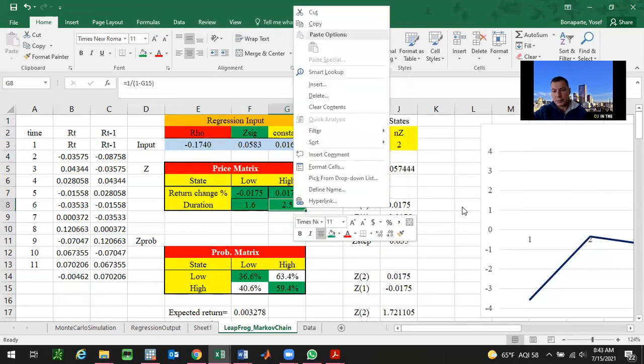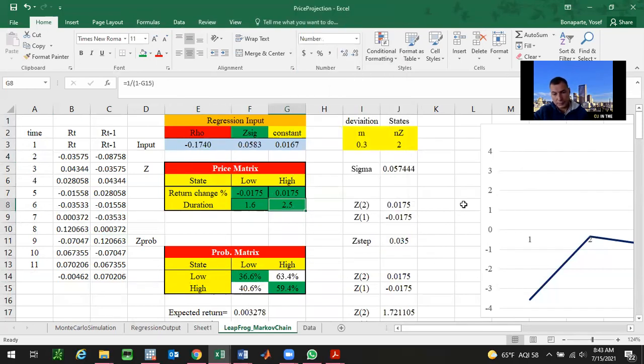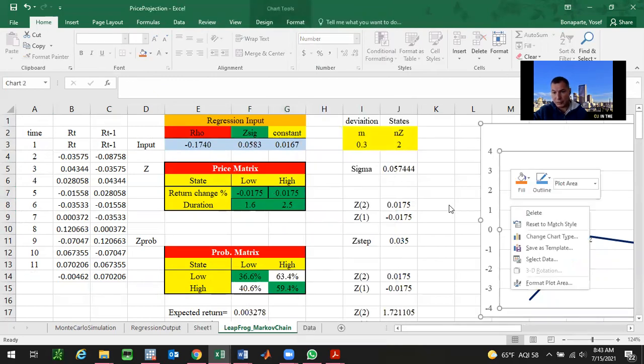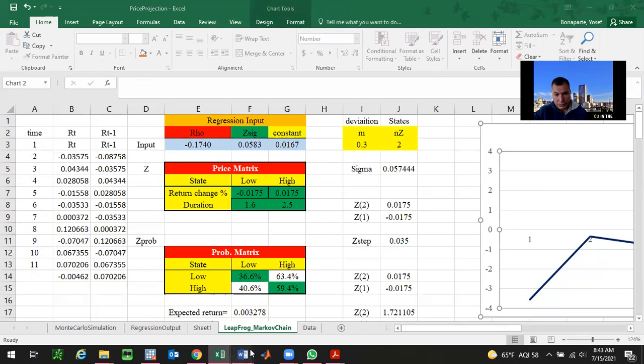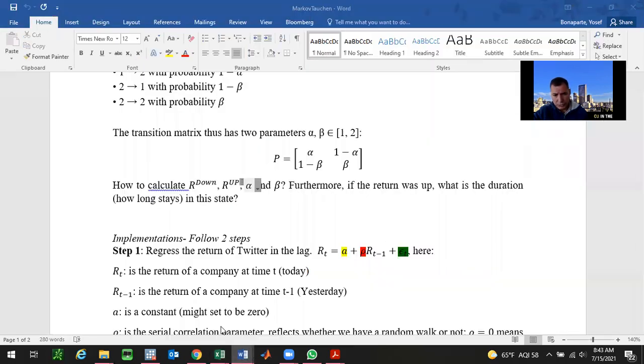And that's it. We're done. So now I'm going to read the results, but we're done basically. Again, what we need are the four things: R down, R up, alpha, and beta.